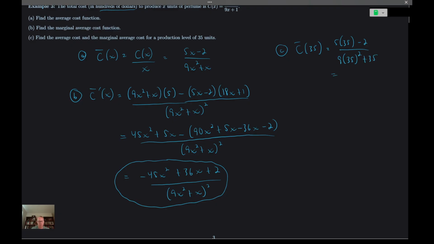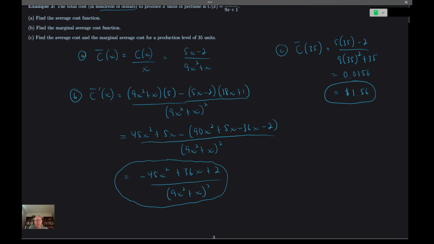And let's see what we get. 0.0156. Now, this is in hundreds of dollars. So that gives us $1.56.